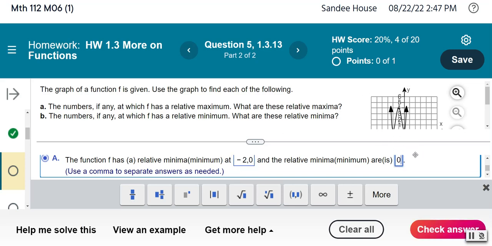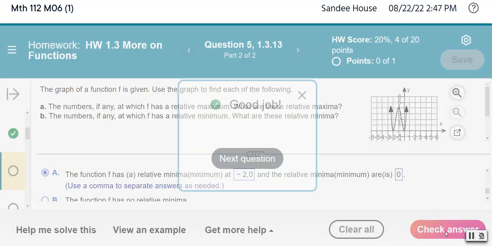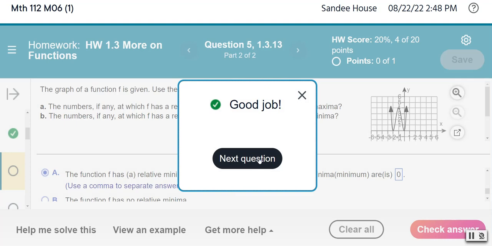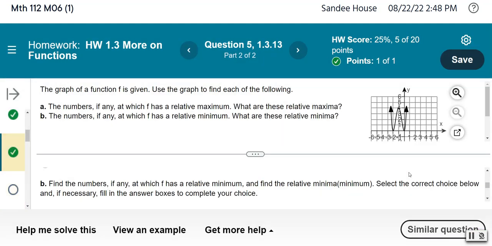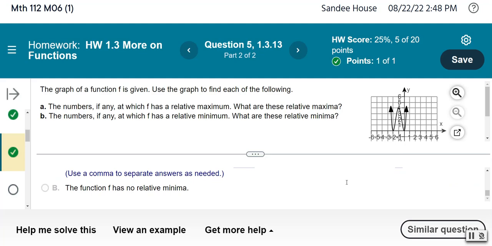Now I'm pretty sure we don't have to write that twice. Let's check and see. That was true. Since it's the same, I didn't have to write it twice. Now, if they were different values, I would have to also separate those with commas as well.